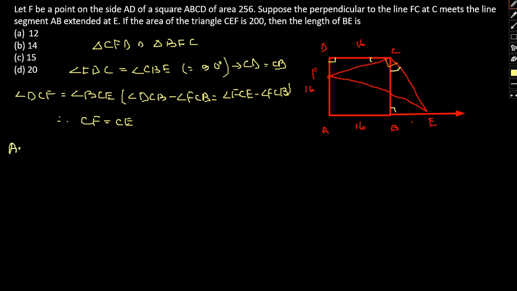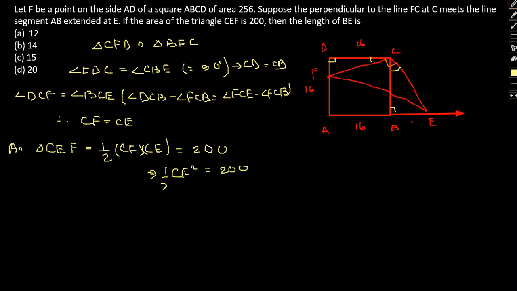Now area of triangle CEF will be half CF times CE equal to 200, which is given, so this can be written as CE square equal to 200 times 2, so CE comes out to be 20.